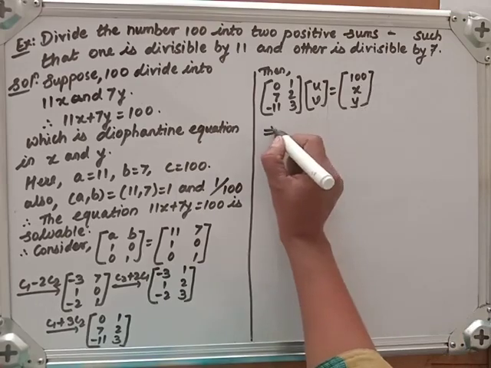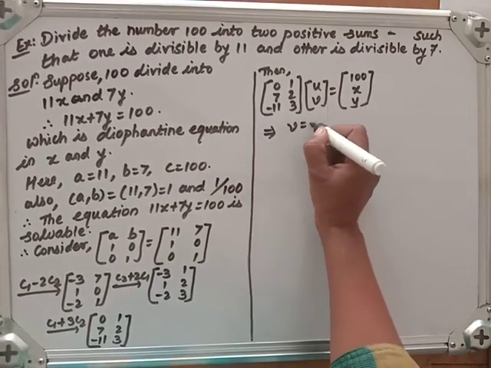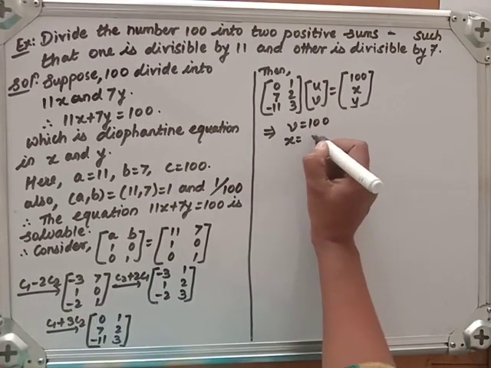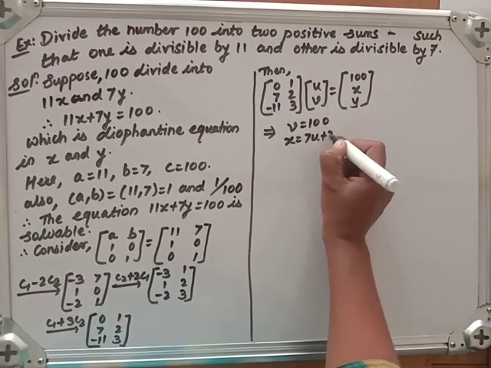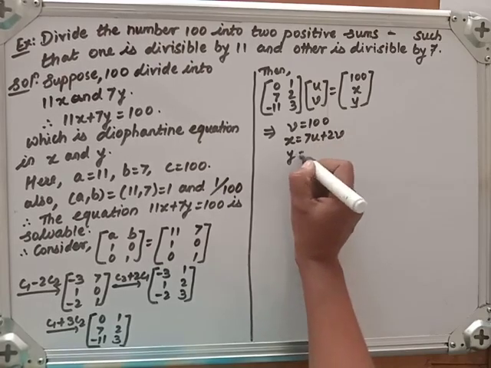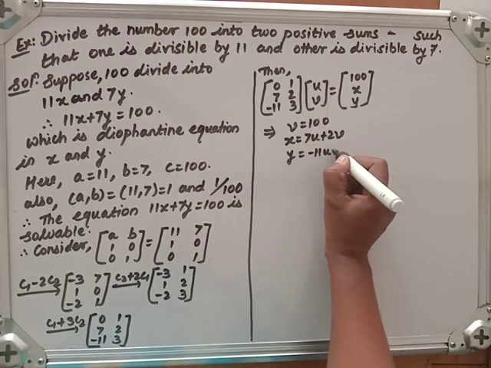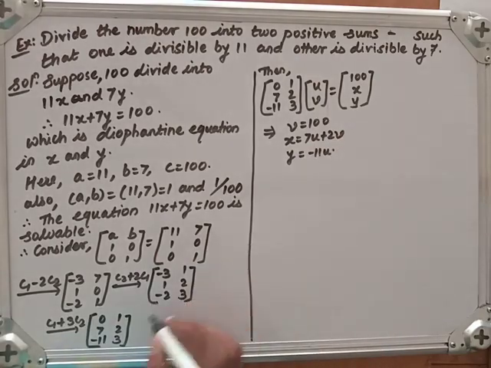So this gives v is equal to 100, x is equal to 7u plus 2v, y is equal to minus 11u. This will be, sorry, here it will become minus 3.